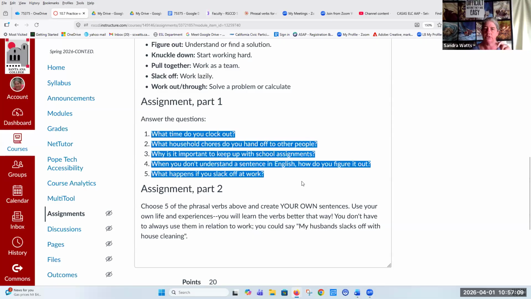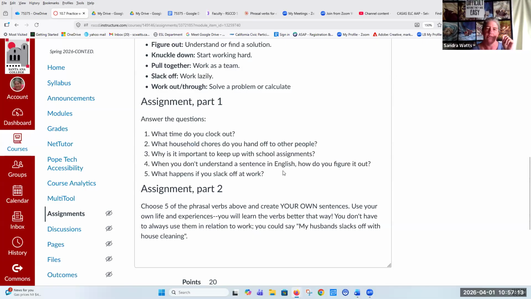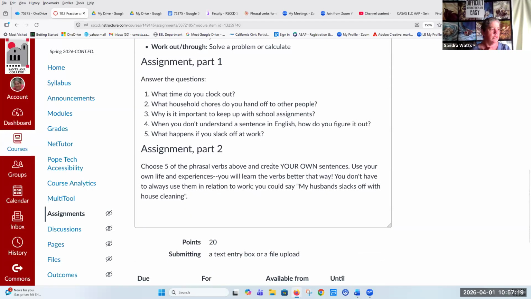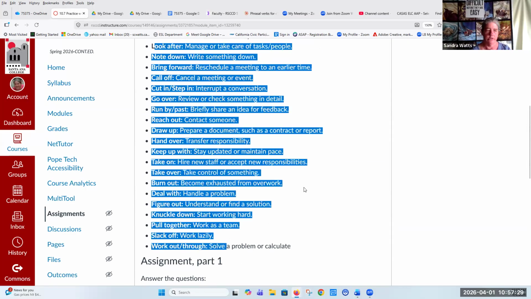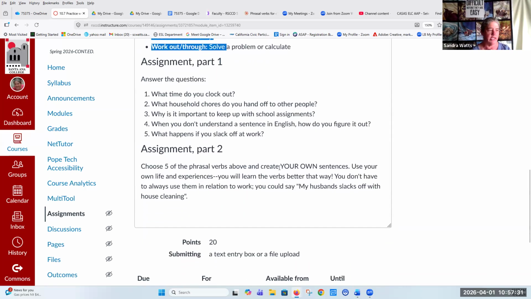Very similar to what you just practiced in your groups. Use the verb in your answer. Give me complete answers. So that's part 1. Part 2, you're going to choose 5 of these, any 5 you want, and make your own sentences. You notice how "your own" is in capitals.